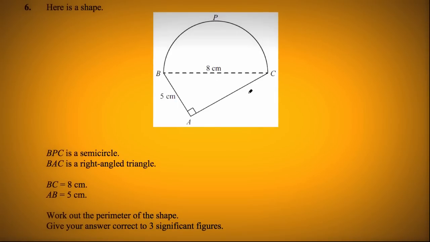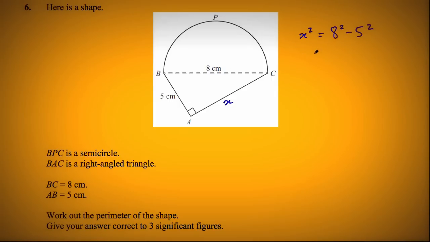So we've got 2 unknown things to work out here. We've got this arc length here, which is a semicircle, and we've got this straight line, which is part of a right angle triangle, so I can use Pythagoras for that. So I'm going to call this one x and work out what that is. Using Pythagoras' theorem, x squared equals 8 squared minus 5 squared. That's because 8 is the hypotenuse opposite the right angle. It's the longest side.